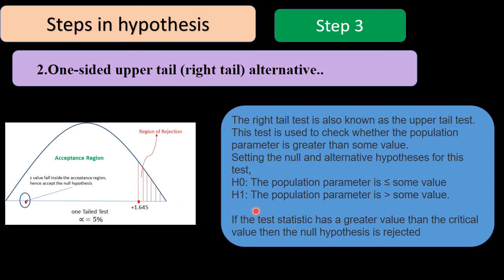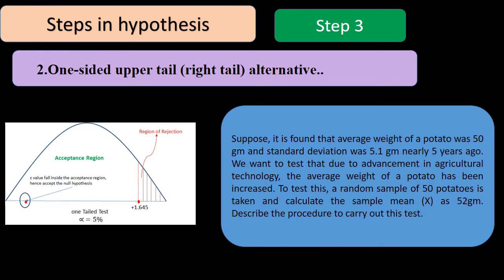We have to reject the null hypothesis. That means we have to accept the alternative hypothesis. If the value is less than the critical value, we need to accept the null hypothesis. That means we fail to reject the null hypothesis.